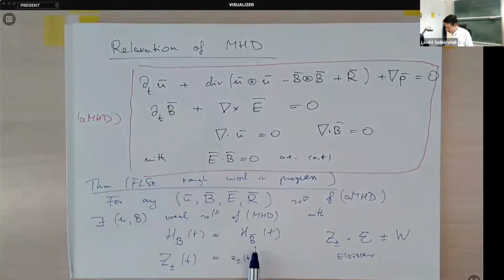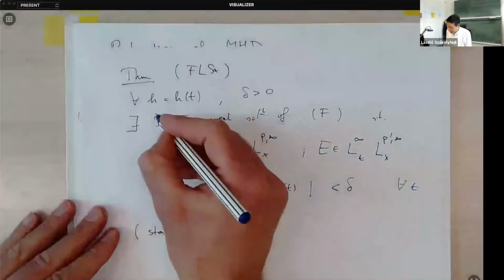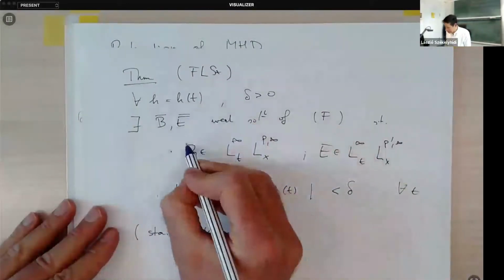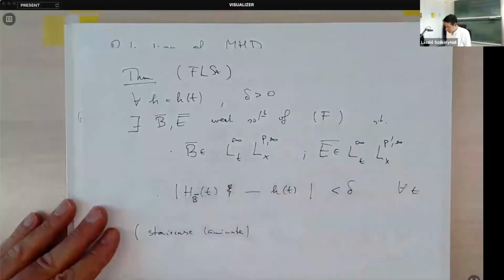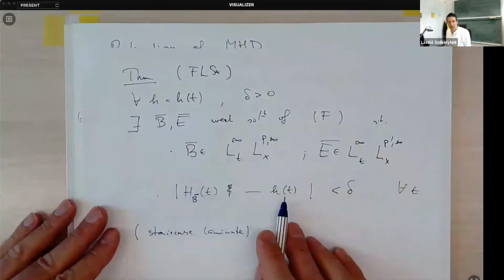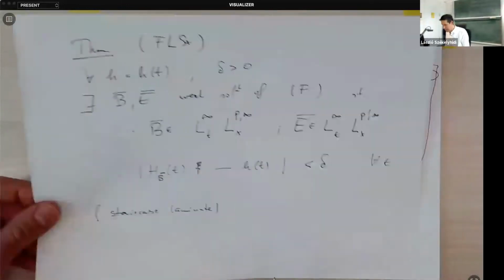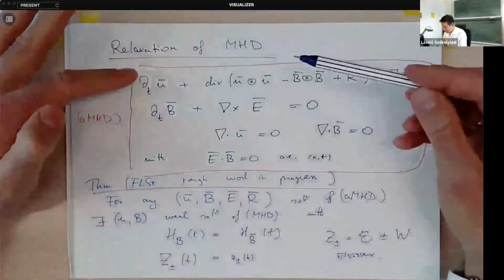So if I combine this result with the previous one, first I construct B bar and E bar, which are solutions of the Faraday system, and have magnetic helicity which is not constant. Then that can be combined with an additional convex integration step.